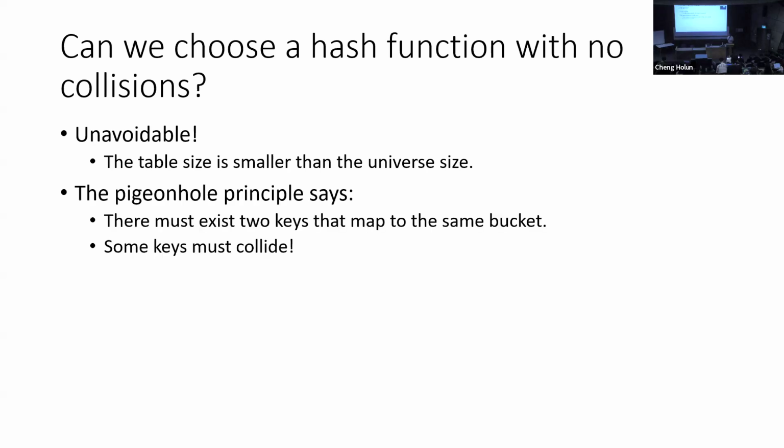The pigeonhole principle says that because your universal key set is larger than M, the size of your bucket array, you will definitely have a collision. For example, if I want to map all English words, the size of your universal set is 2 to the power 140, into a smaller number like 1 million, you definitely have a collision.